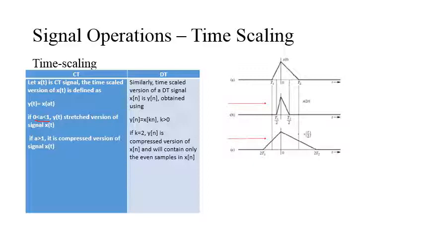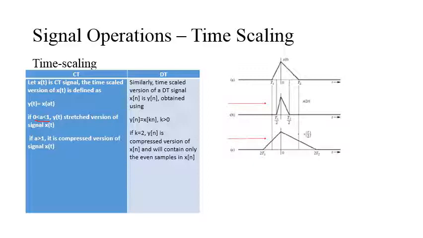We can use interpolation, but in case of interpolation you are adding extra information that's not exact values, right? So in case of a discrete time signal we can have k greater than 1. So when k is greater than 1, we get the compressed version of the input signal, right?